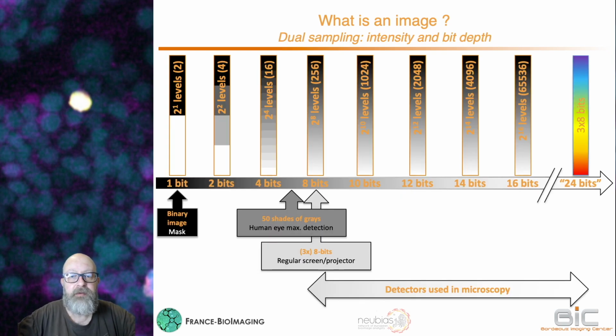And in this matter, especially in microscopy, we are using mainly two types of intensities, of values. We are using this kind of scale, 8 bits scale, and also this one, 16 bits scales.